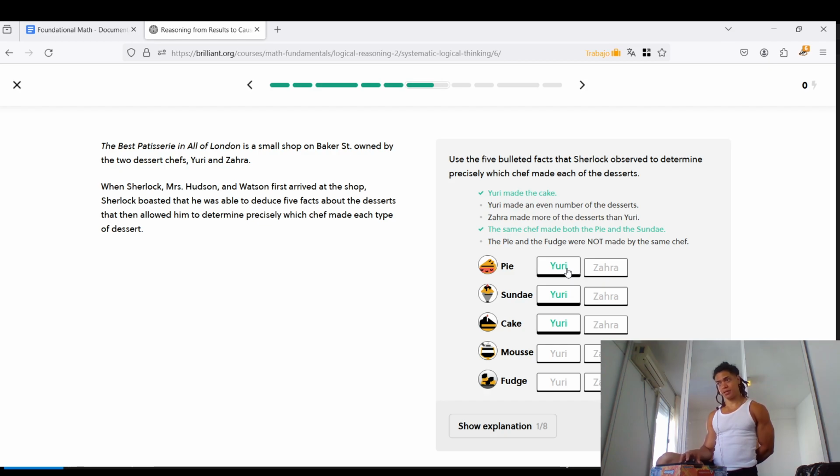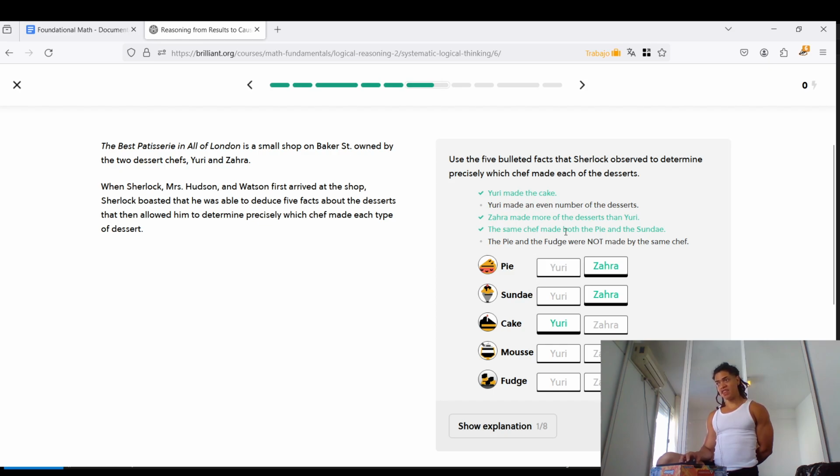And that's great. So now this must have been done by Sarah. So the same chef made both the pie and the sundae.